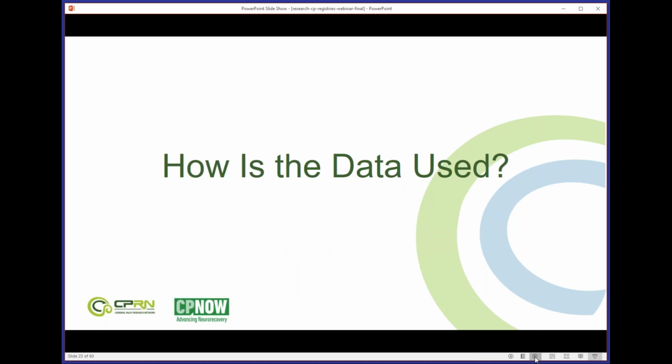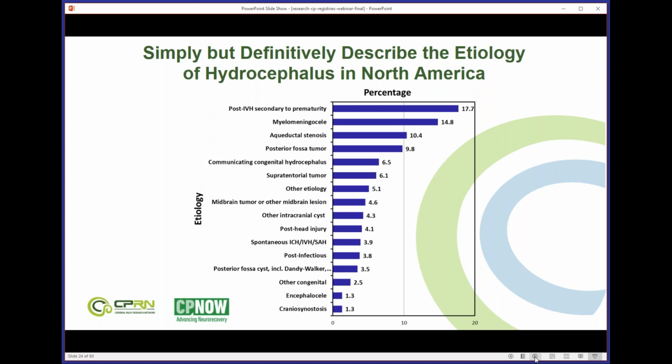So how is the data used? One thing, especially, is that we work very tightly with the Hydrocephalus Association, and this is something they're certainly interested in, just simple things. But finally we have a definitive answer: what are the causes of hydrocephalus in North America? And there it is.